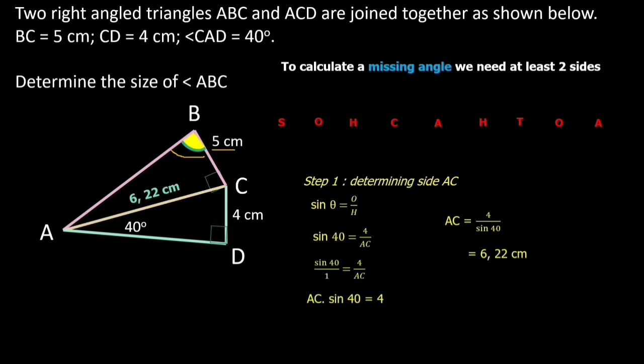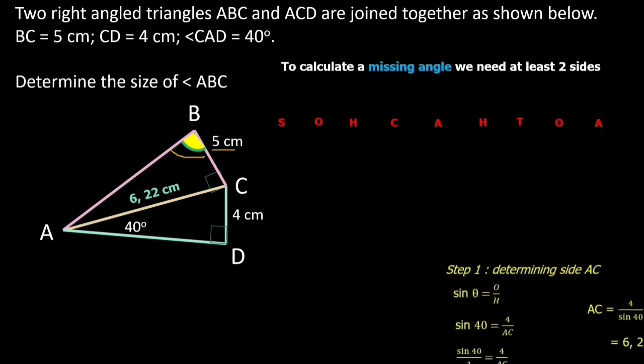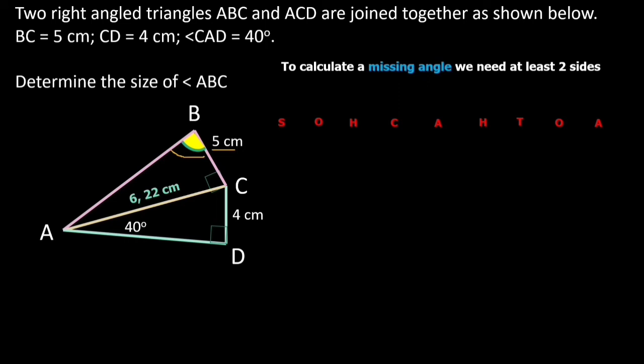Now that we've got side AC, we can determine the angle ABC because we've got two pieces of information. Look at triangle ABC. Side AC is opposite the angle. Side BC is the adjacent side. So let's use the tan relationship. The tan of theta is opposite over adjacent, 6.22 over 5.